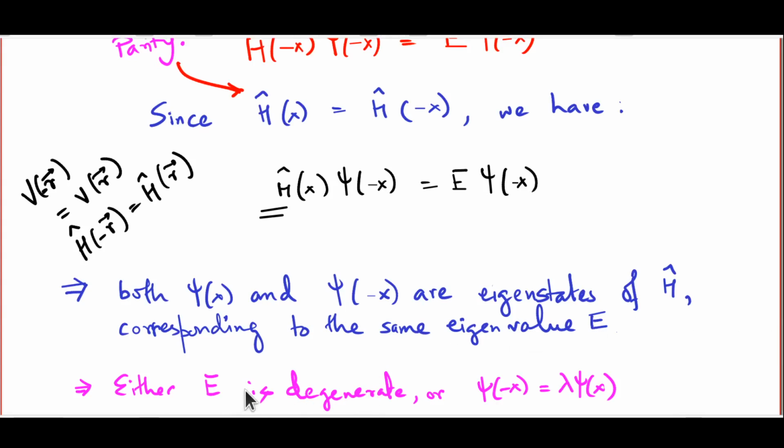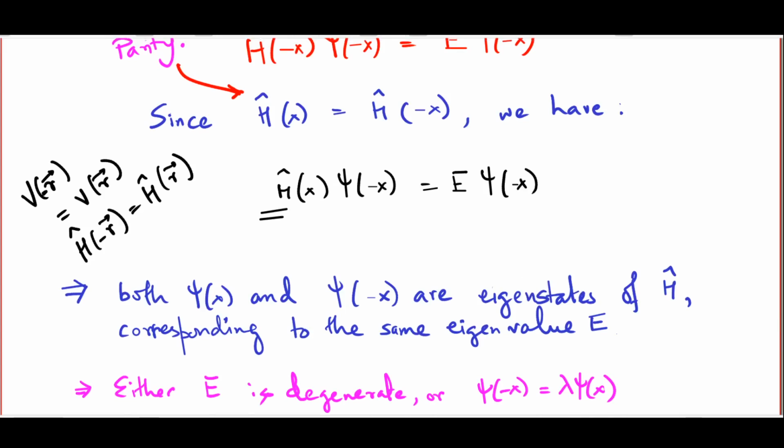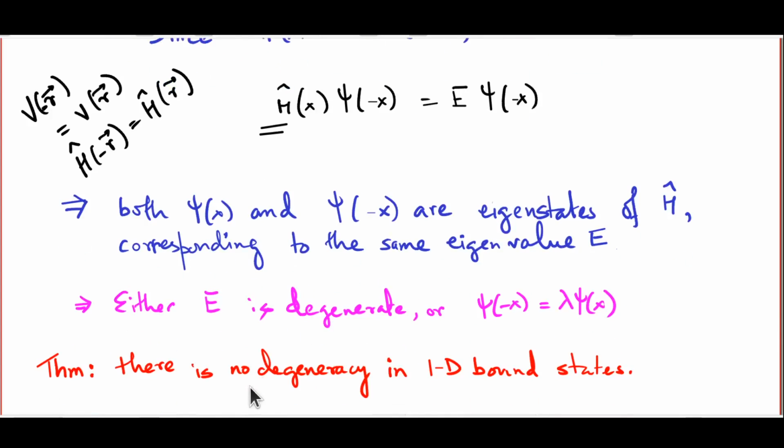So you have now two options, E being degenerate or psi(-x) equals lambda psi(x). Now we are going to make use of a very important result in 1-dimensional quantum mechanics, which is a theorem which says there is no degeneracy in 1D bound states. That is to say, if you have 1D energy eigenstates, when I say bound states, I really mean energy eigenstates, that's important.